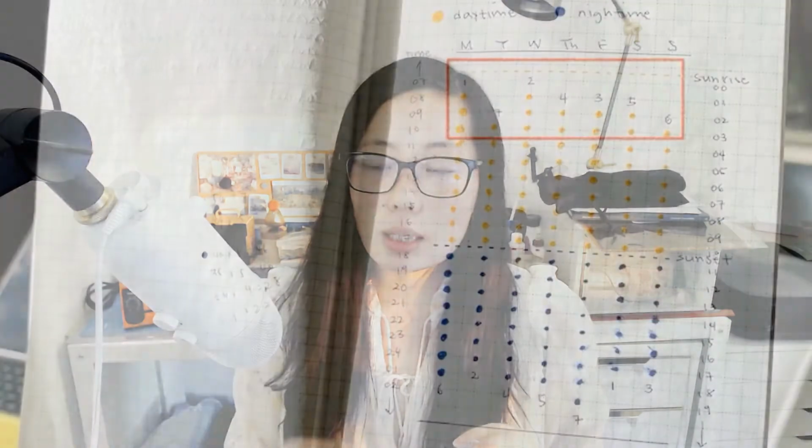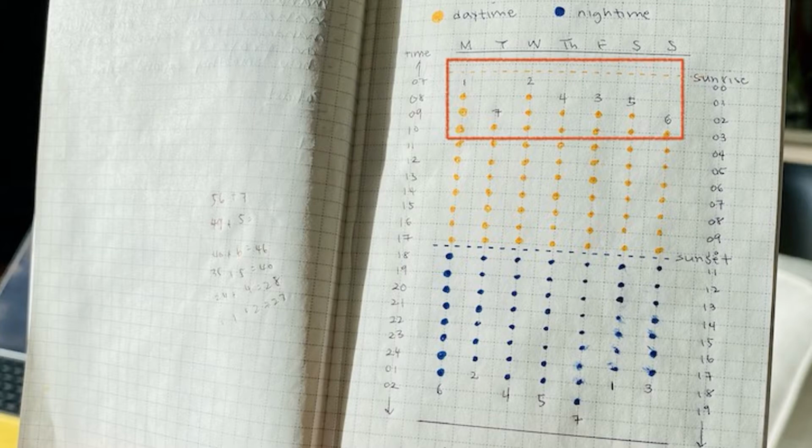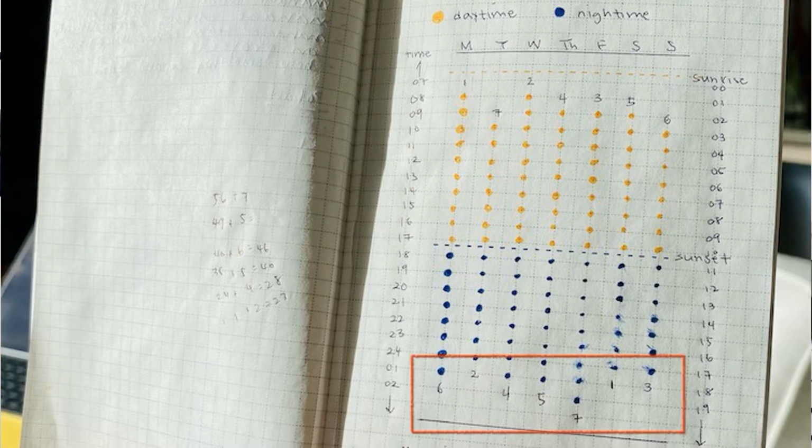Another detail I decided to add to give variation in my score is I decided to place each cellophane in the container in the order from the day of the week that I woke up earliest to latest. And as soon as the sun went down, I switched to using the nighttime cellophane.